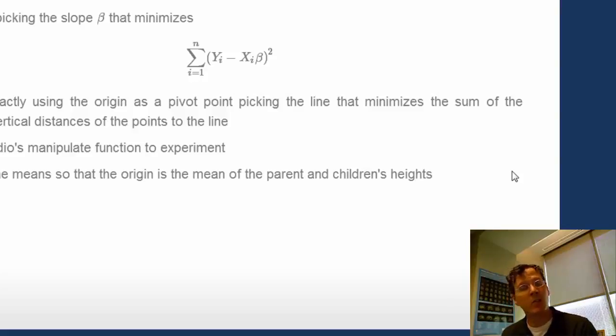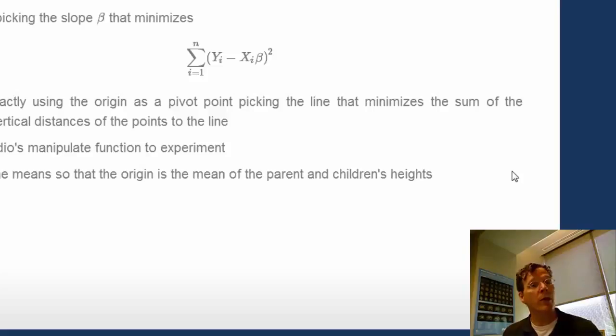We'll square that distance and add them up, and this is directly analogous to finding the least squares mean that we did just a couple of slides ago. So this is exactly sort of using the origin as a pivot point and picking the line that minimizes the sum of the squared vertical distances between the points and the line. So we're going to use RStudio's function manipulate to experiment with this and see if we can find that line.